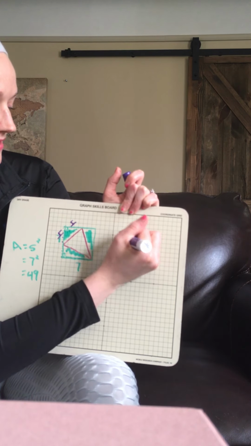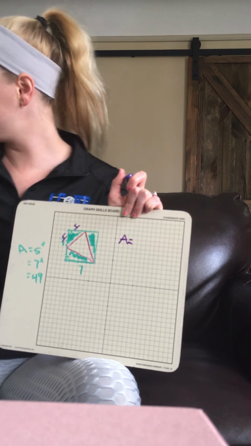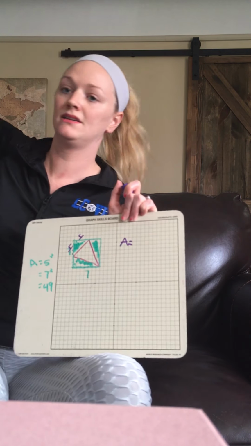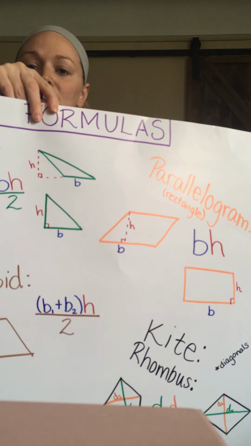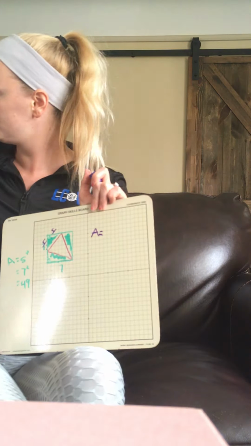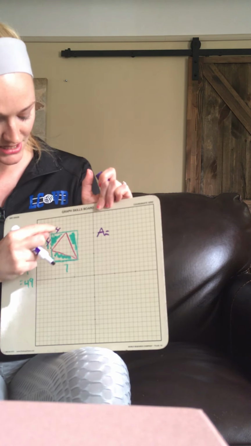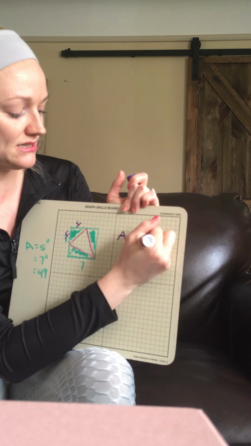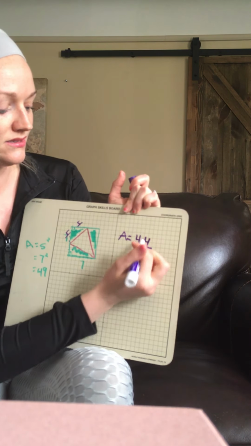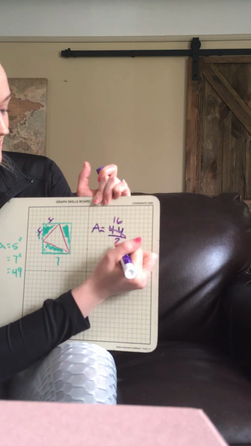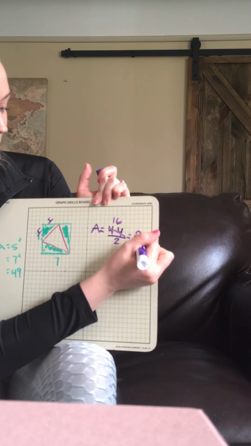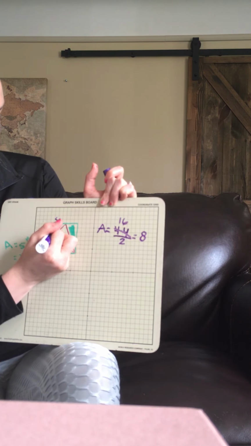Remember from our formula sheet, area of a triangle is base times height divided by 2. My base, which is 4, times the height 4, and then I divide it by 2. 4 times 4 is 16. 16 divided by 2 is 8. So this chunk is 8.